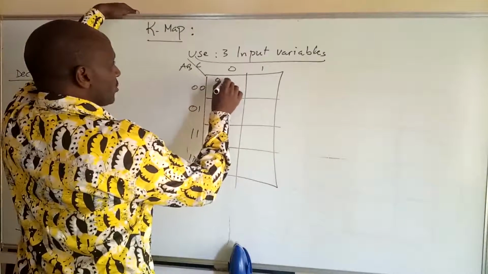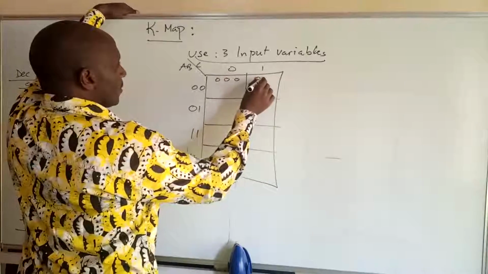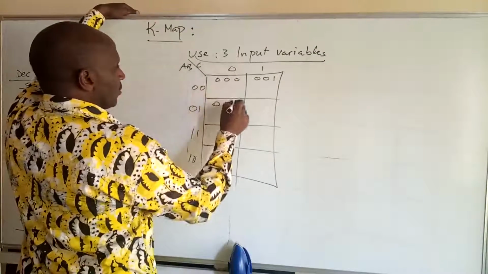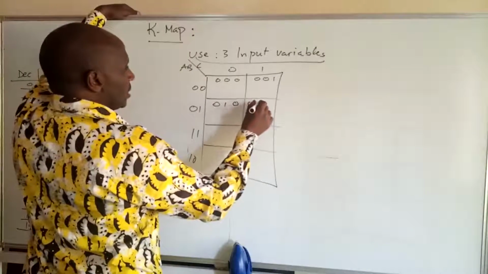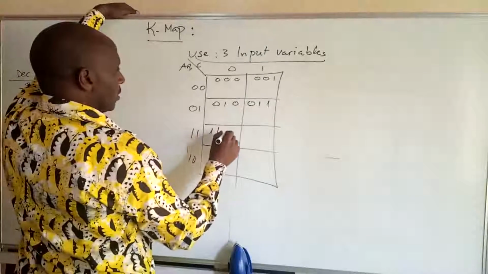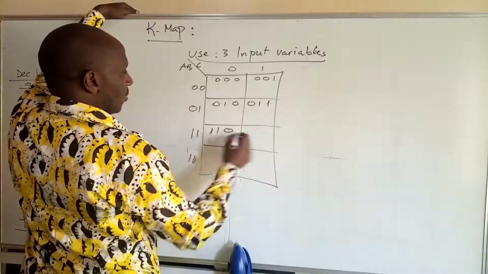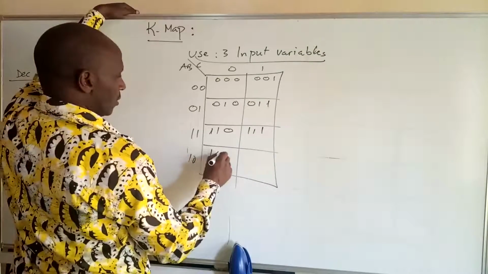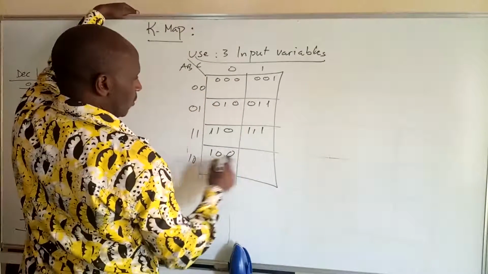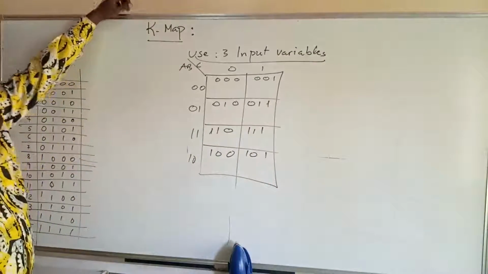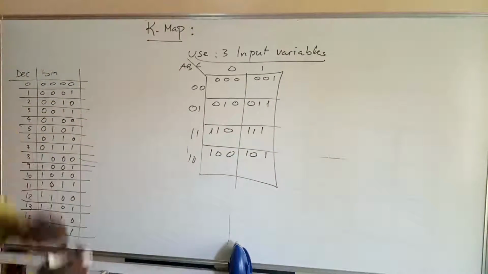Let us put the values: 0, 1, 0, 0, 1, 1, 1, 1, 0, 1, 1, 1, 1, 0, 0, 1, 0, 1. Good. So we have put values already.